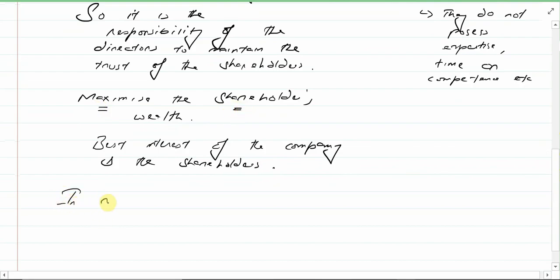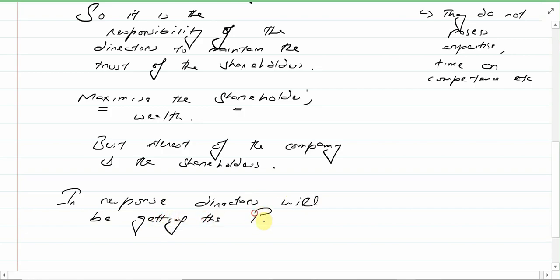And in response, the directors will be getting the remuneration.